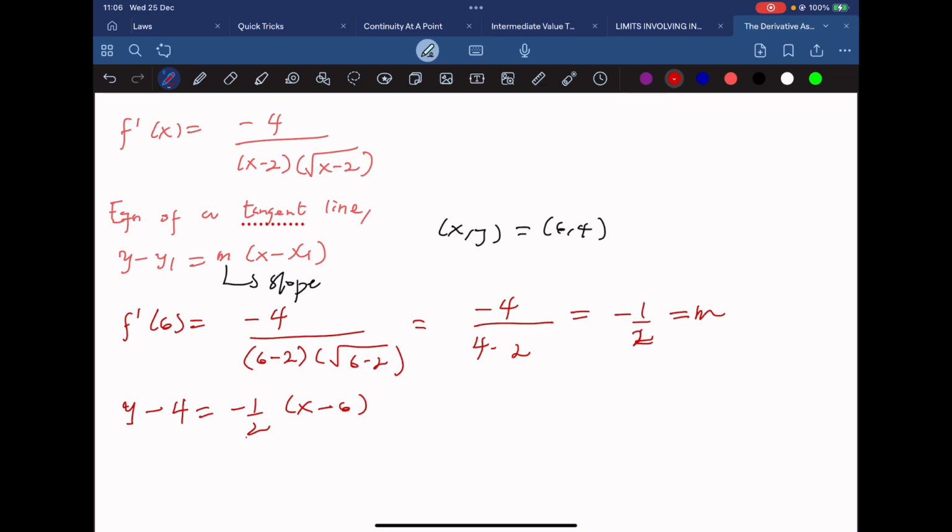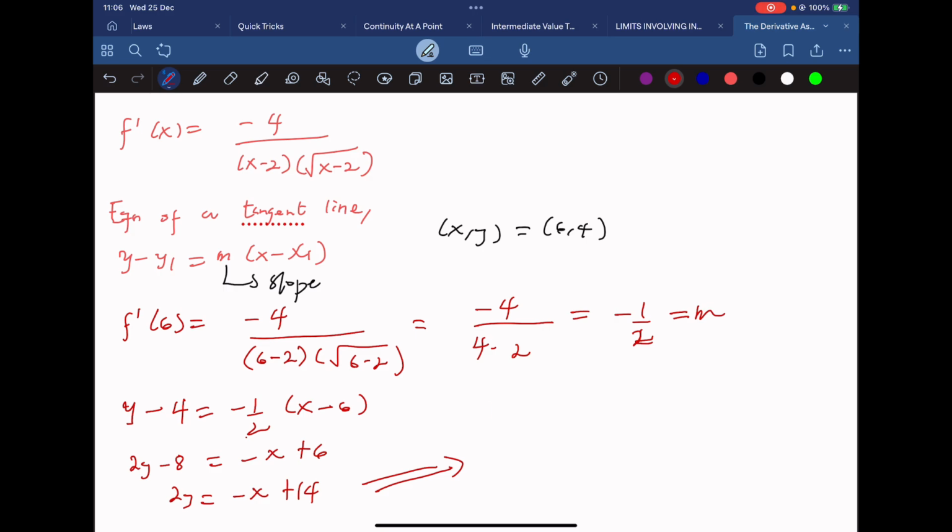So this 2 multiplies everything on the right hand side and left hand side. So we have 2y minus 8. Then negative x, we distribute the negative 1 over here. So we have negative x plus 6. Then we make 2y the subject, so we have negative x. Now, if 8 crosses, it becomes positive, so we have plus 14.